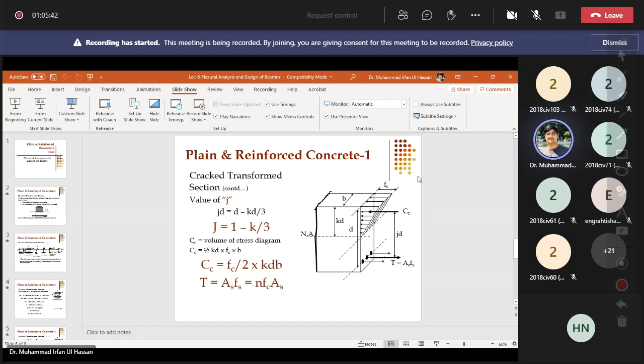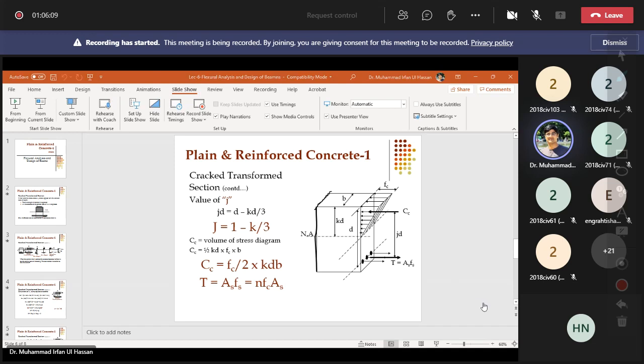The point is, when the depth is restricted by the architect and you don't have the option of increasing depth, what to do in that case?